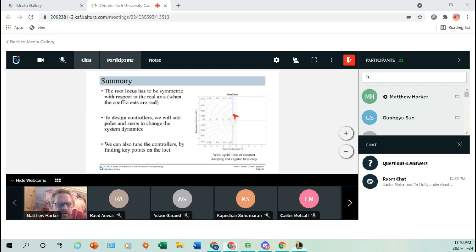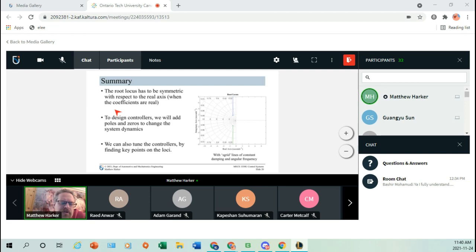In this case, it's not hugely helpful, right? We knew that when we applied our P control, it got us close to our final value for that second order system, but not exactly there. So that shows you the limitations of P control. What will happen now is we'll be able to design our controllers.